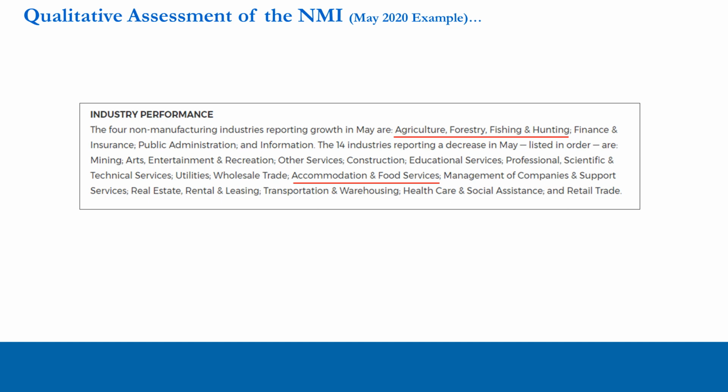So we have our 18 industries, and in May 2020, if we're using this example, 4 of the services industries were reporting growth in May.